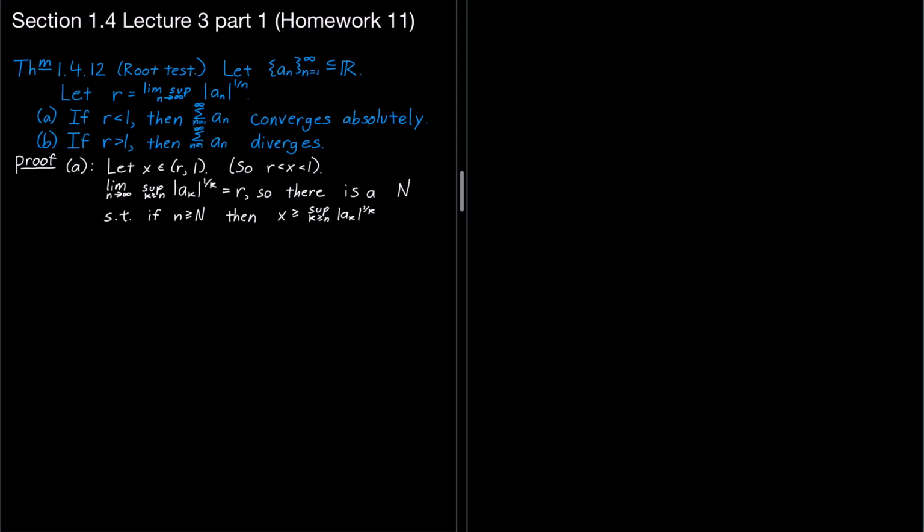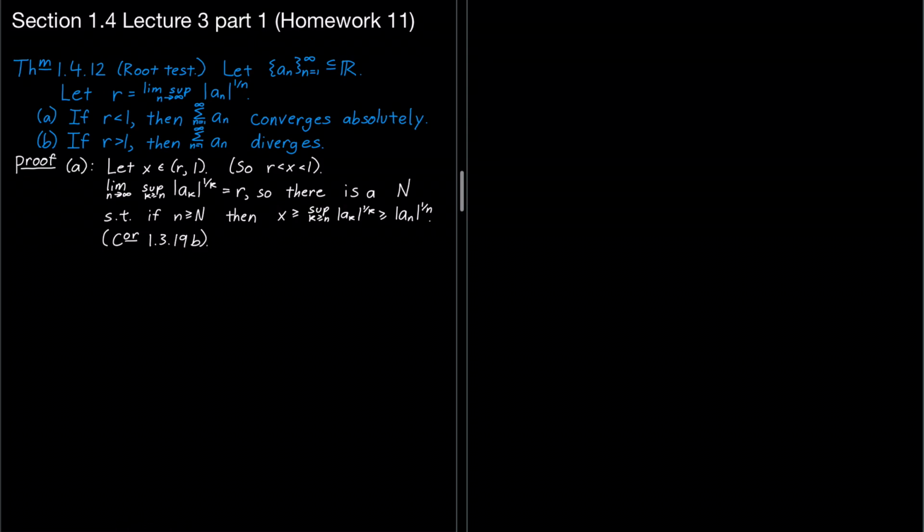And we might as well dispense with this supremum, and just say that the absolute value of a_n to the 1 over n is less than x. And this is by the nature of limits. If you want to look up a precise reference, that would be Corollary 1.3.19b.